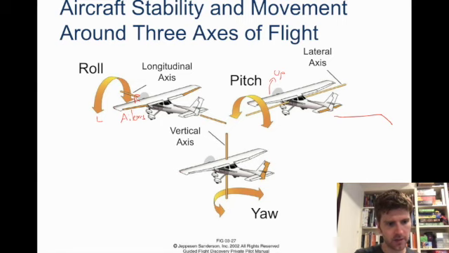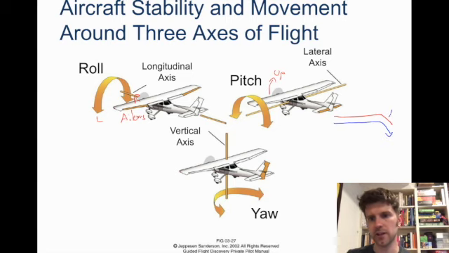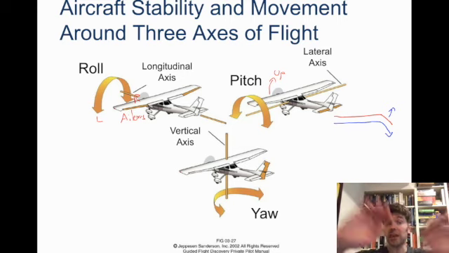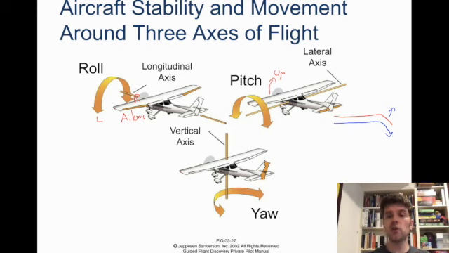In this case, let's look at what happens with the airflow. The air comes in and is pushed down by the elevator being down. And what that does is it pushes the tail up. Now you might think, and this is a very reasonable thing to think, that that would make the plane go up. But what I want to encourage you to think of is that a plane is a giant seesaw.